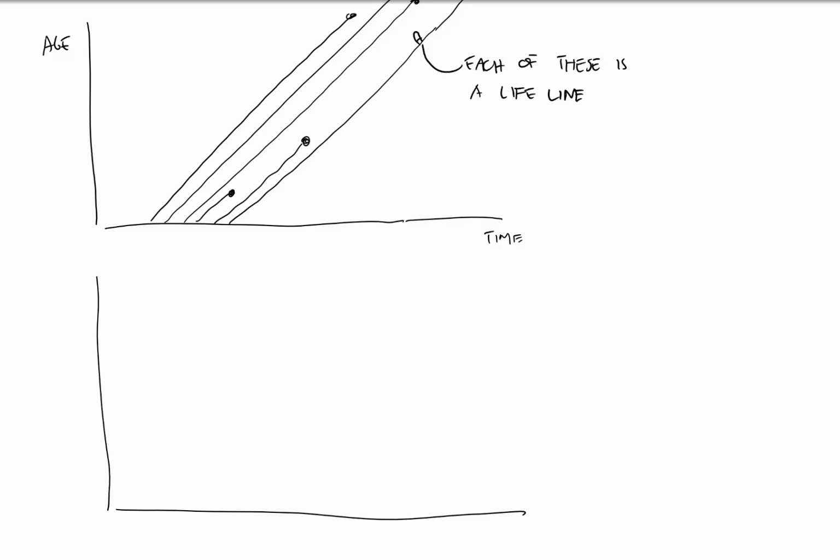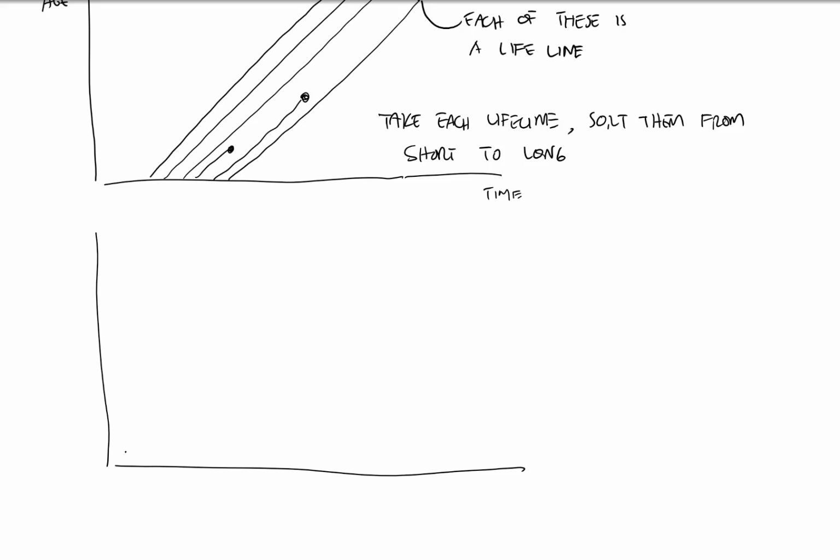I'm going to take each lifeline from our cohort and sort them from short to long. And I'm going to draw them over here like a histogram. So here are the short ones. This is the first one over here.